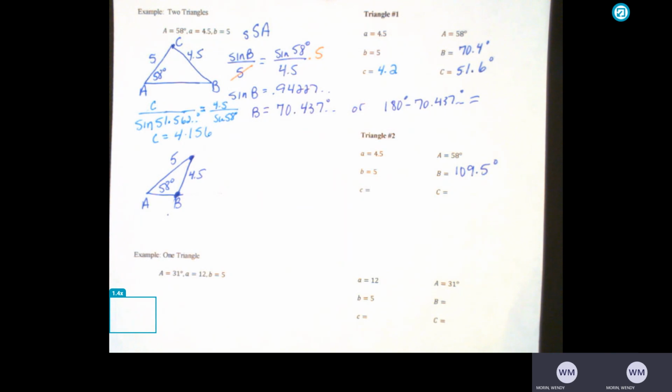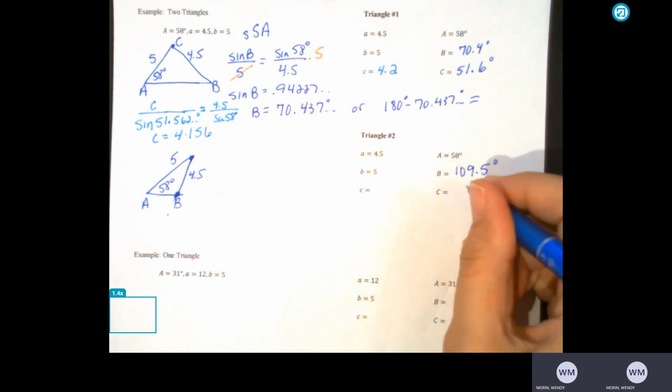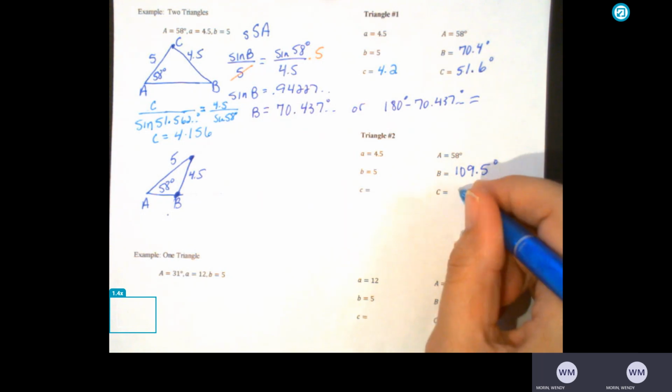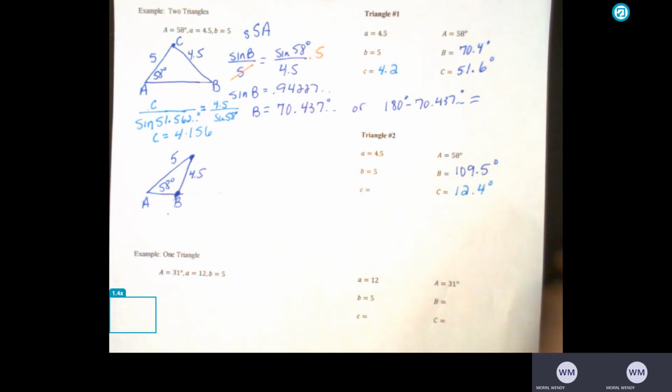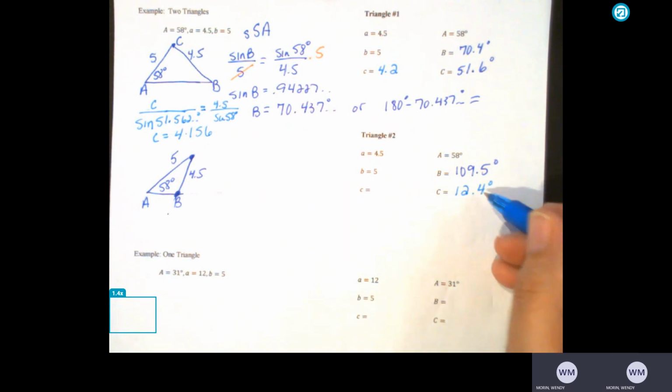So if we go ahead and subtract, we take 180 minus 58 minus our 109.562696. Again, it's stored in your calculator, so you should just arrow up as we practiced in the last chapter, and that would be 12.4 degrees if you round it to the nearest tenth.